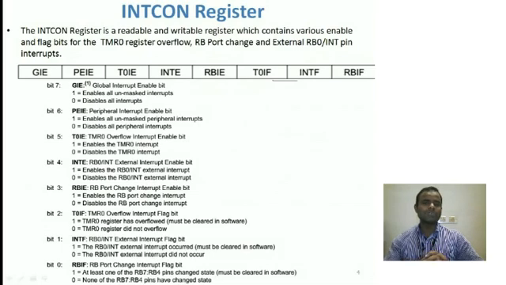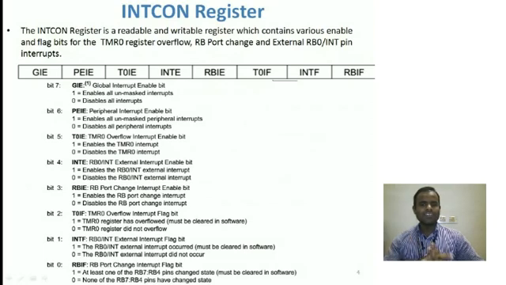All these interrupts will be enabled with this peripheral interrupt enable bit. Then you have timer 0 interrupt enable, then external interrupt enable, and port B change interrupt enable. Port B change interrupt enable is for whenever there is a change in port B; this interrupt can be enabled if you set this bit. As I said, global interrupt enable will set all the interrupts, otherwise you can individually set these interrupts.